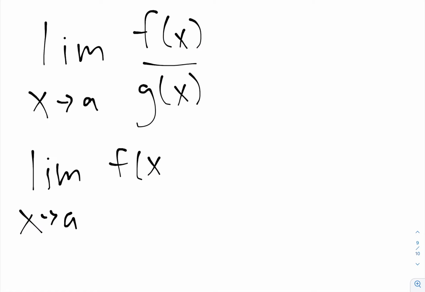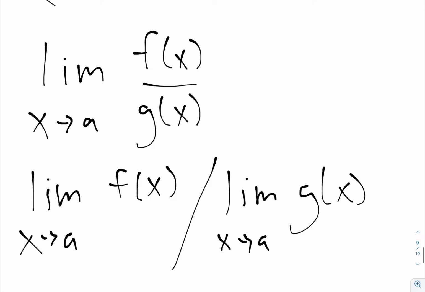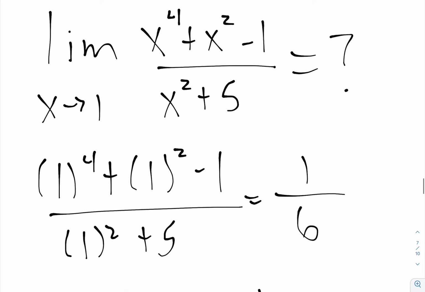So it's going to equal the limit of f of x as x approaches a divided by the limit of g of x as x approaches a. So nothing too crazy, just some properties that we can use to our advantage when we're solving these types of questions.